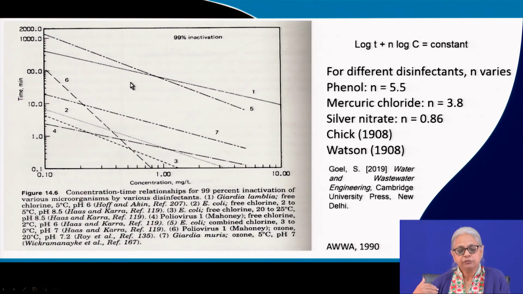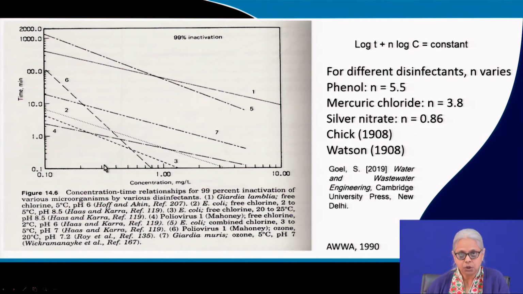Now if I have concentration versus time data for different species of bacteria, and in this case 99% inactivation means 2 log reduction, because I have only one survivor in 100, so that's 2 log reduction. And this is the kind of graph that you can generate for different species.